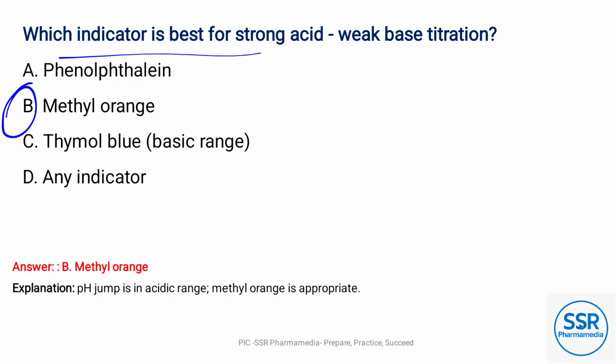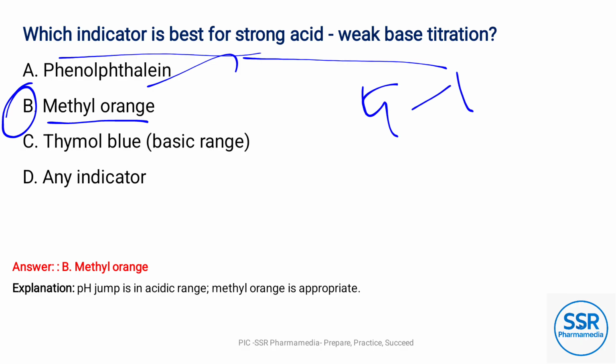So option B, methyl orange. In this strong acid versus weak base titration, methyl orange is used as the indicator, not phenolphthalein, because phenolphthalein works at pH 8 to 10, so in this titration phenolphthalein may not be used.